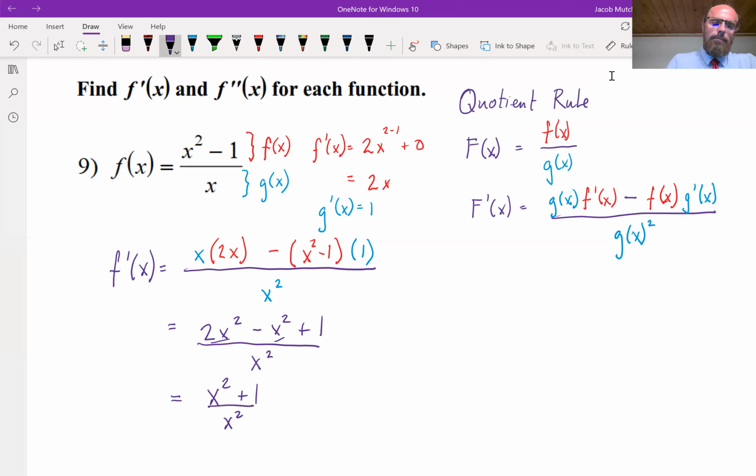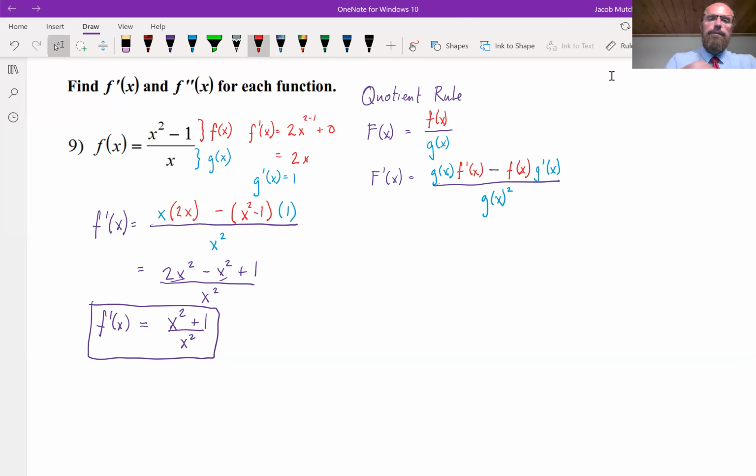So let me box that as the derivative of f of x. So for our second derivative, again, I have a quotient. I can see that that first derivative is also a fraction. So again, we'll set up for the quotient rule a second time, and identify the same parts.